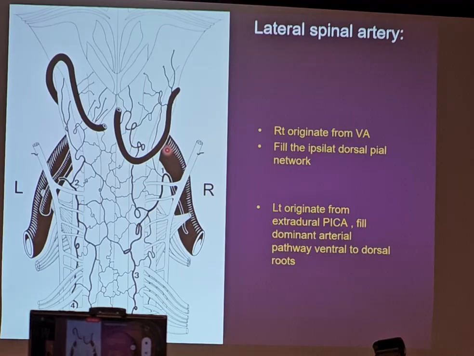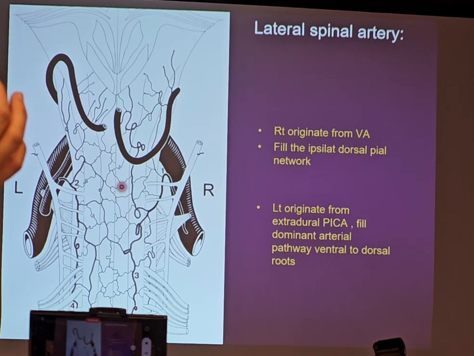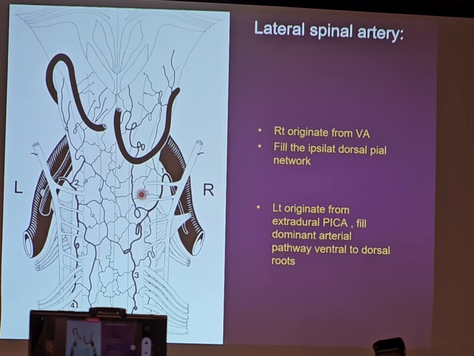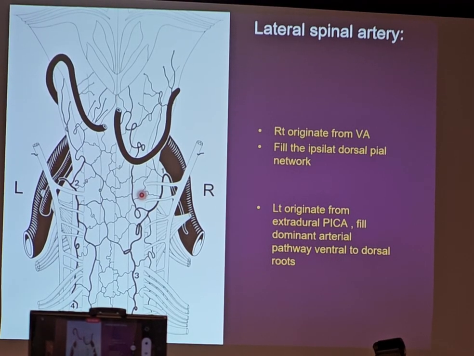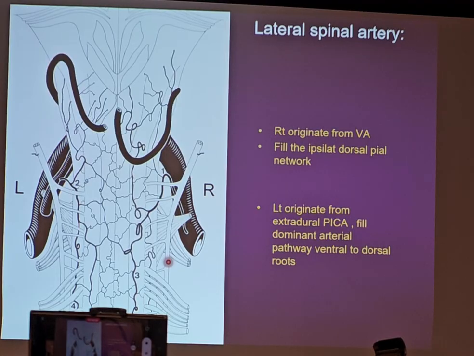If you have the regular intradural PICA, the lateral spinal artery will come off from the vertebral artery. Okay? And you can be sure that this is the dorsal system of the upper cervical level, so when it comes down to C4, 5, 6, it will probably merge with the posterior spinal arterial system of the spinal cord.